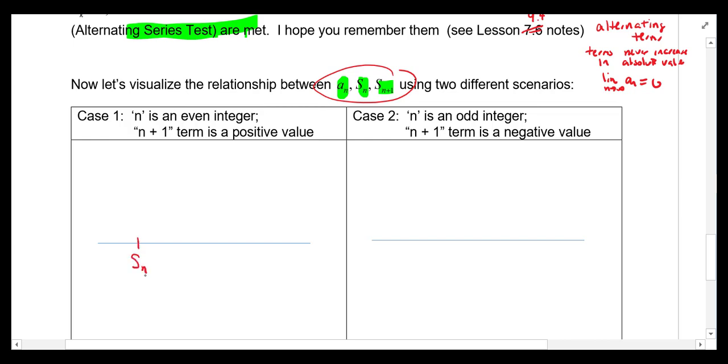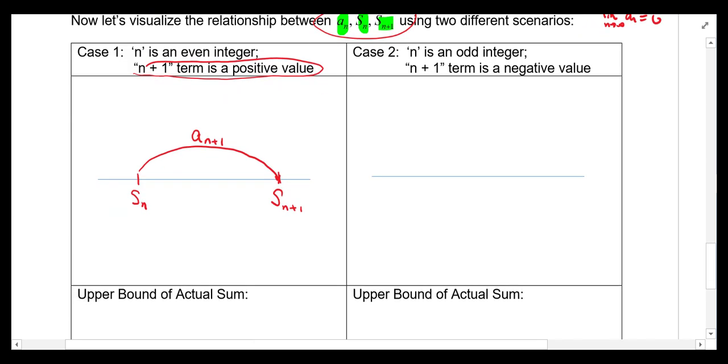Because the n plus 1 term is a positive value, I'm going to be adding something to give you the sum of n plus 1 terms. Now, in this scenario, this is what I have. And what I'm saying to you is, look, that S, the actual sum, has to be somewhere in between.